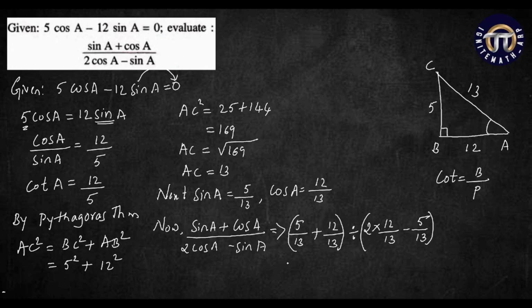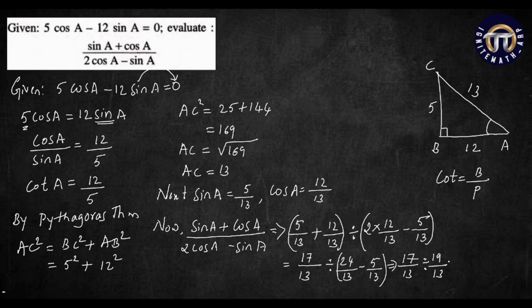Clear, children? So here LCM is 13. So directly I can add the numerator, that becomes 17 by 13 divided by 24 by 13 minus 5 by 13. So that is 17 by 13 divided by, 24 minus 5 is 19 by 13.